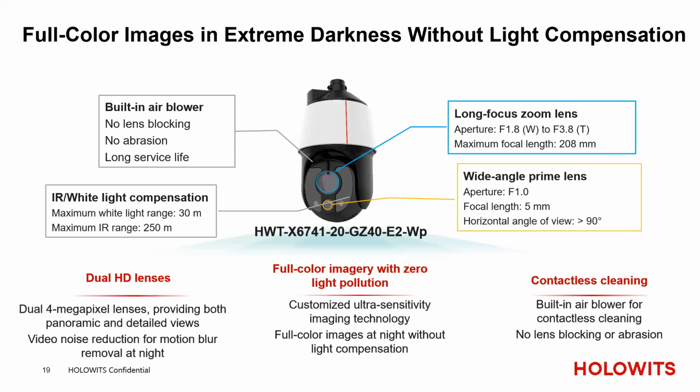The manufacturer's full color image is without light compensation. This will be shown to you later in the slide. And the last is the contactless cleaning. We have a built-in air blower for contactless cleaning, no lens blocking or aberration.